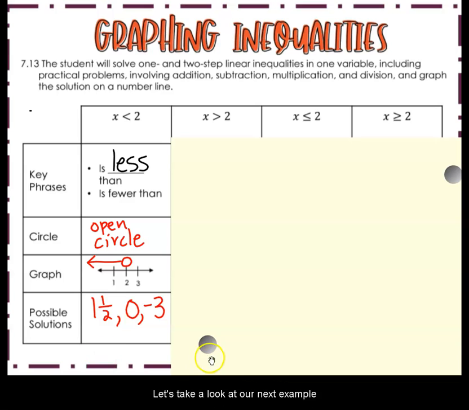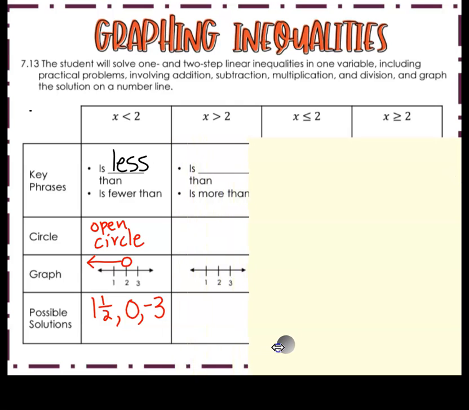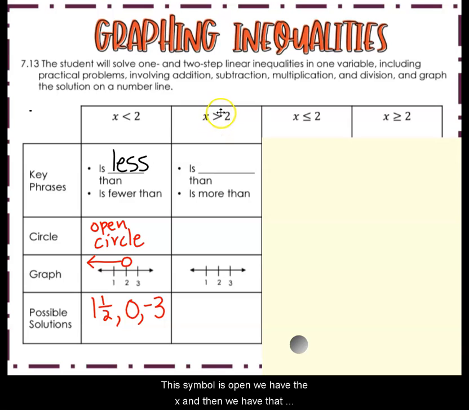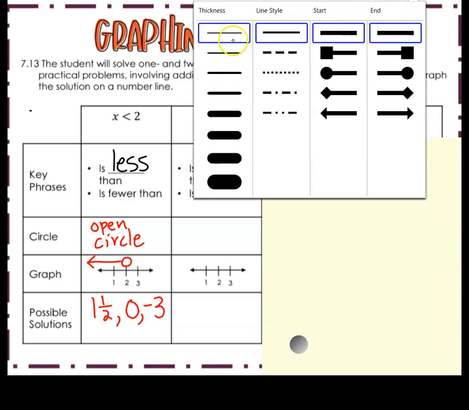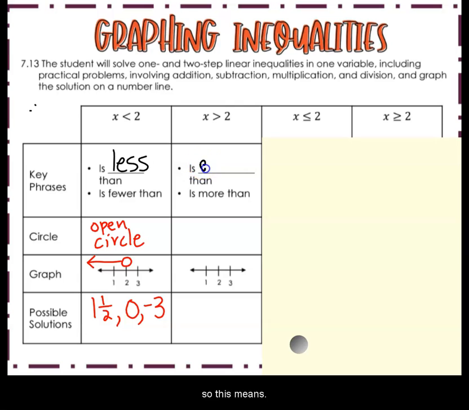Let's take a look at our next example. This time, the symbol is open. We have the x, and then we have that symbol open towards the x, and then we have a 2 on the other side. This symbol means greater than, and you may also see it as is more than.